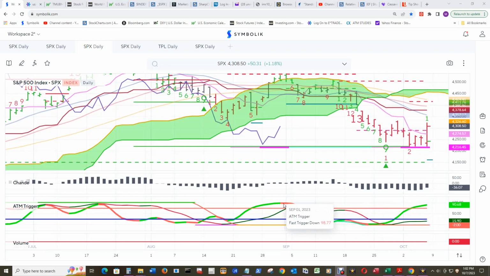So we've got to watch out for when or if it prints the red here. It will print eventually, it's just a matter of when. This went on for a while here, and then it printed and headed down.